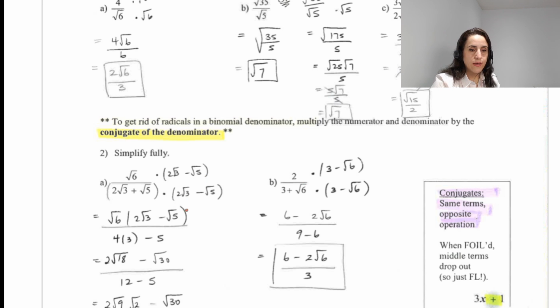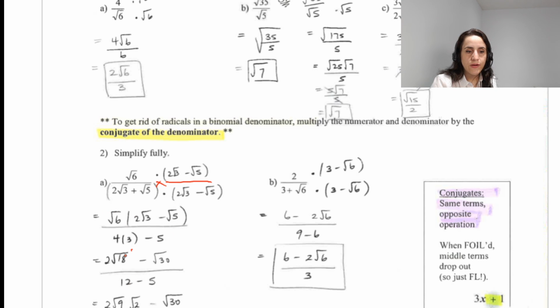Here I multiplied numerator and denominator with this one. Then it's gonna be 2 multiplied by 2, 4, radical 3 multiplied by radical 3, 3, and plus radical 5 minus radical 5, so it's gonna make negative 5.